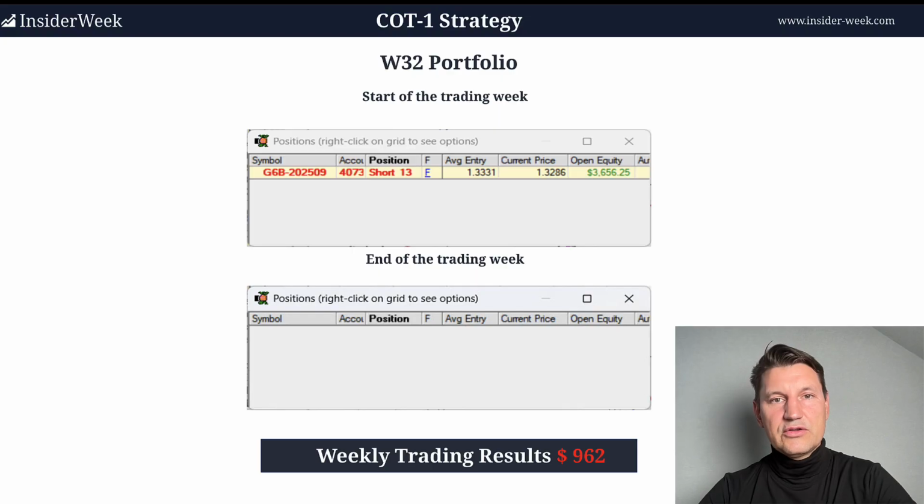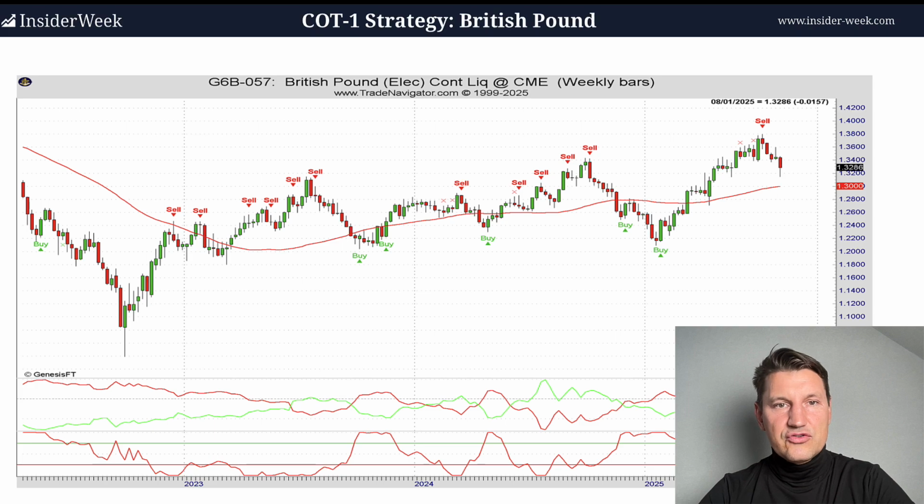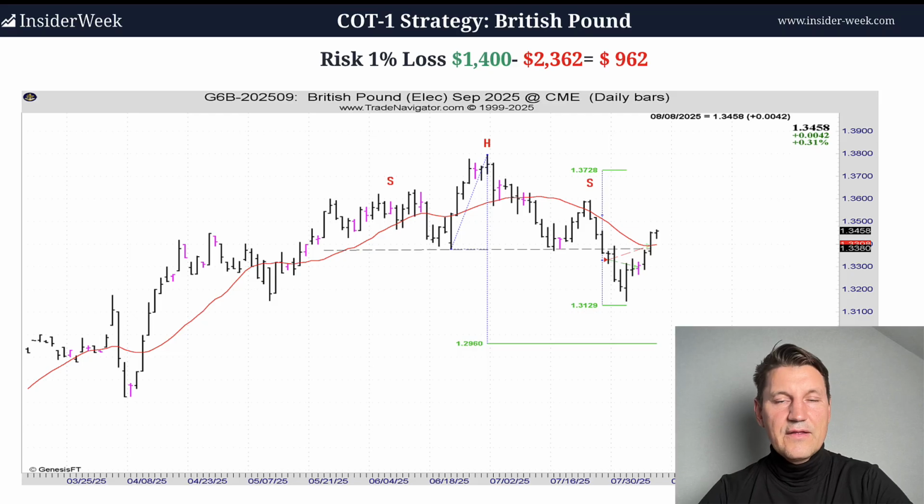The weekly result of the CFTC trading strategy is $962. Here you can see my trade in British pound, the weekly chart. I analyze the weekly chart to find sell and buy signals based on CFTC data. Then I switch to the daily chart and look there for the right entry.